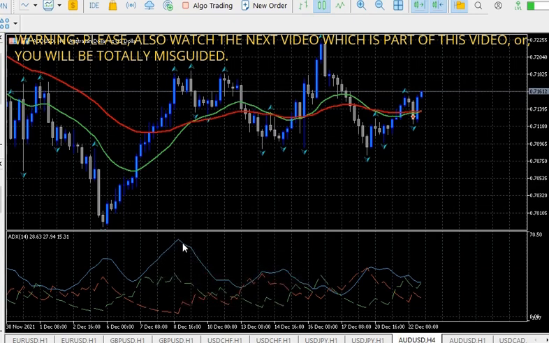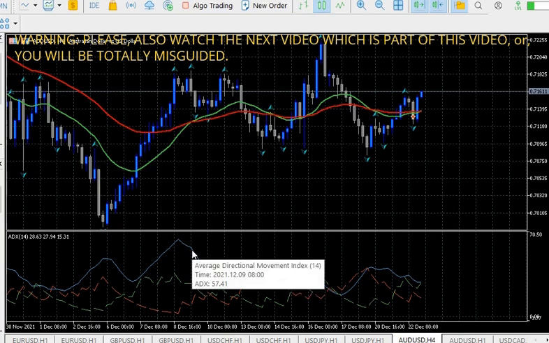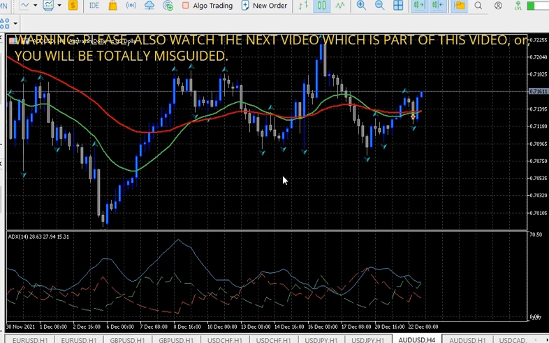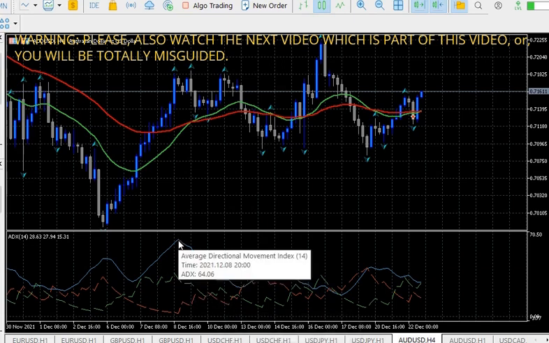Here is the direction or strength, the blue line in this ADX indicator. This blue line is the strength of the trade, how strong it is. Here in my trading setup, this goes from 0 to almost 64.